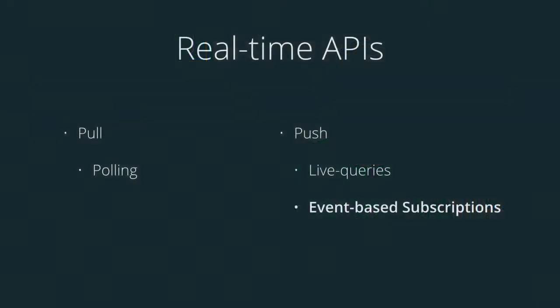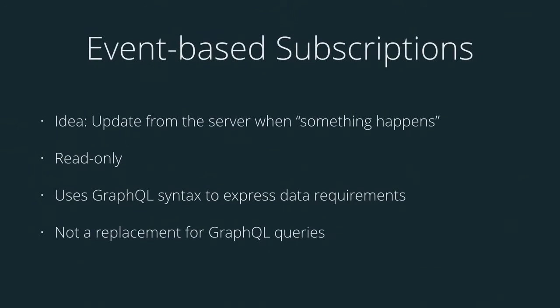What I want to talk more about today are event-based subscriptions. The term event-based subscriptions is mostly used to make it a bit more explicit what subscriptions are. The idea behind it is that you subscribe to a certain kind of event. And as soon as this event happens, so something happens on the server, you have already established a connection.